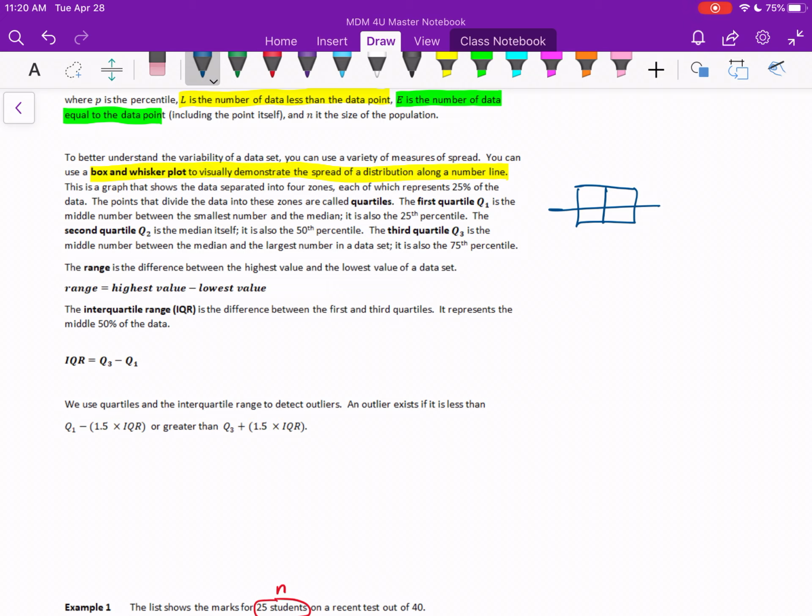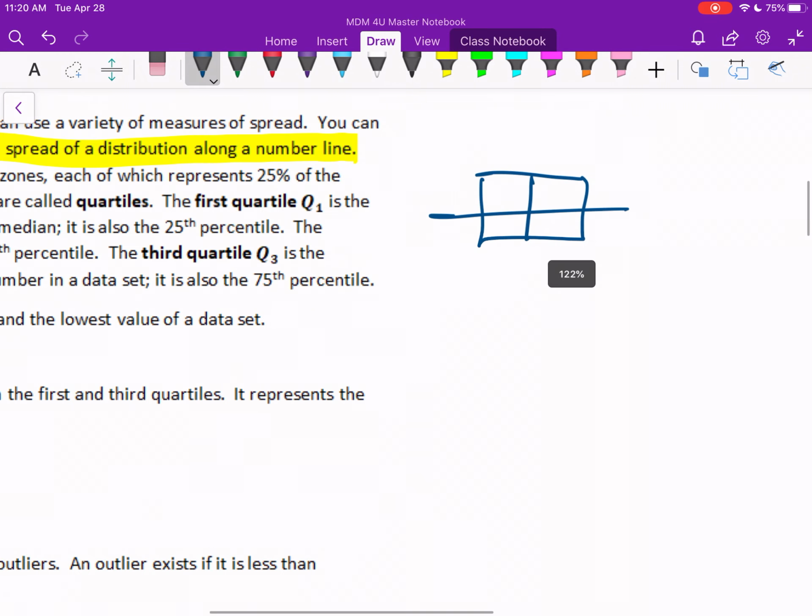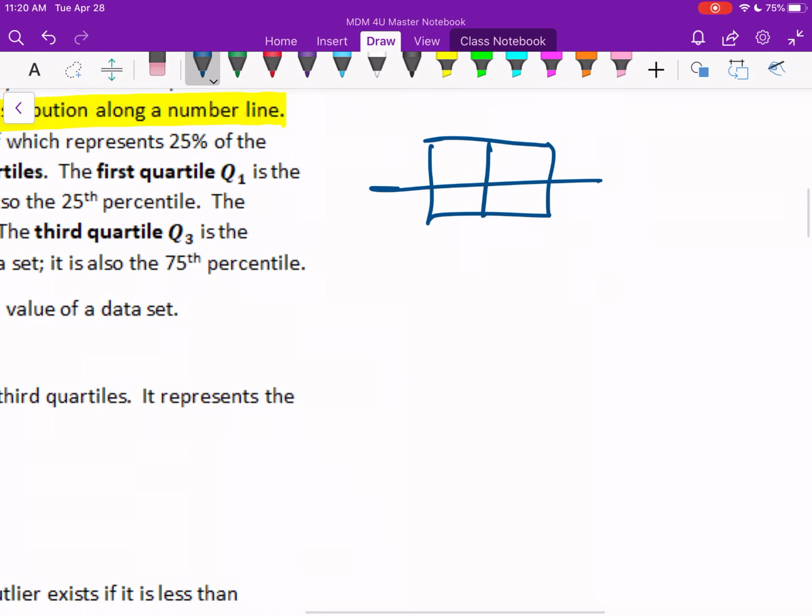All right, so we're going to have to calculate all those measures, but we'll get a good idea of what's going on. If you notice, what it does is it divides it up into quarters. There's actually 4 quarters there divided up horizontally.